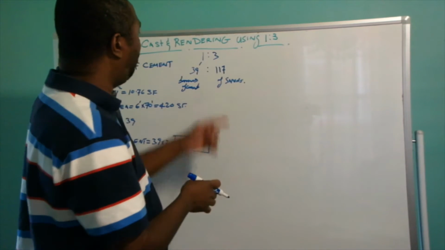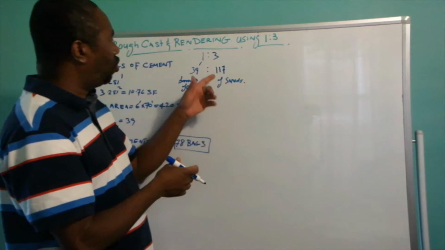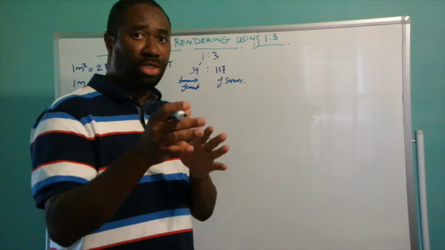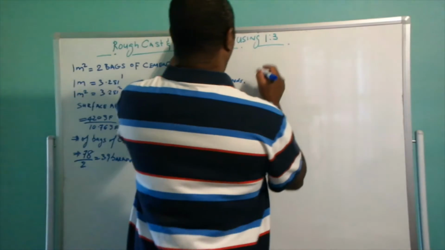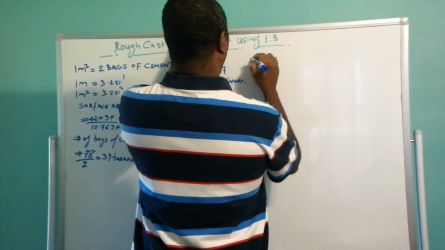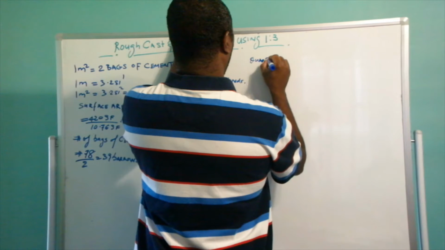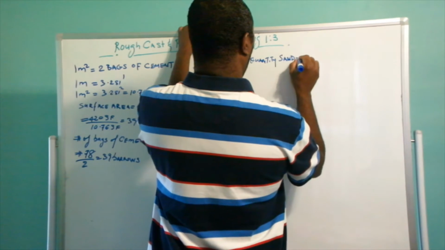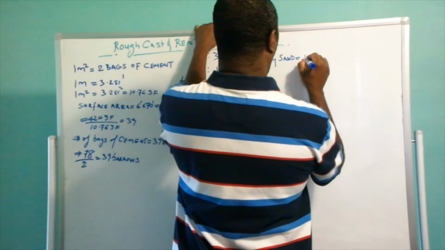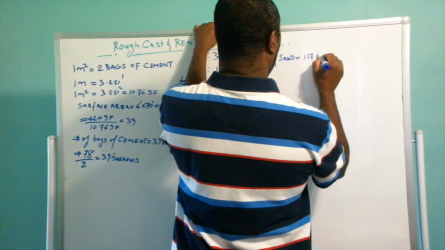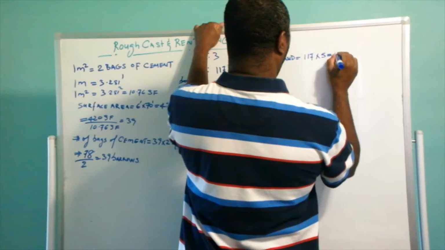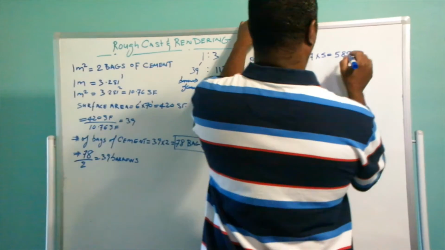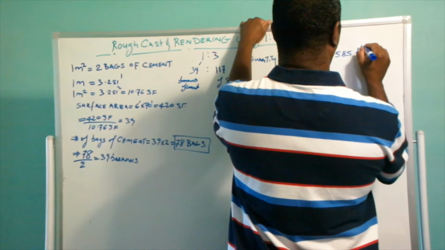We have to multiply this 117 by 5 to get the total in cubic feet. So the quantity of sand is going to equal 117 times 5, which works out to be 585 cubic feet.